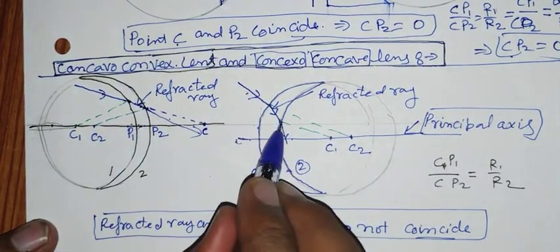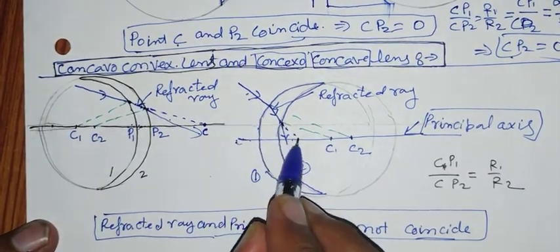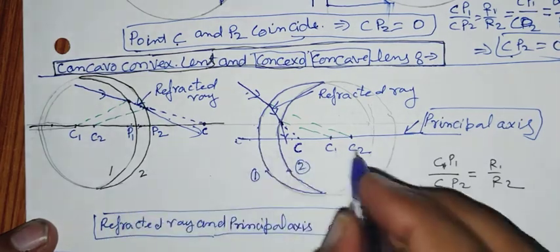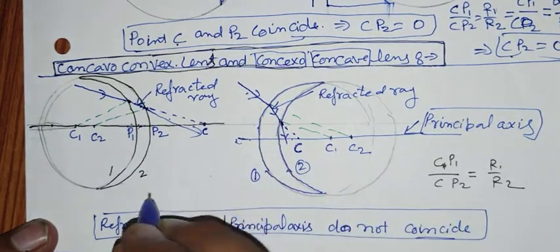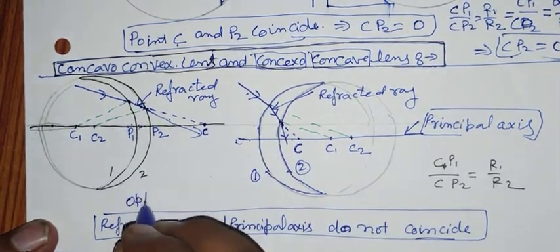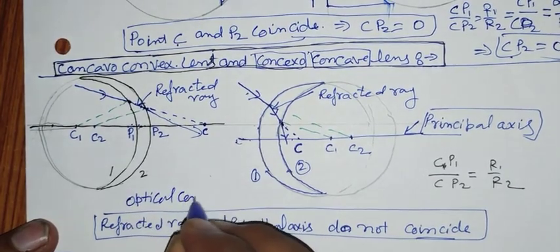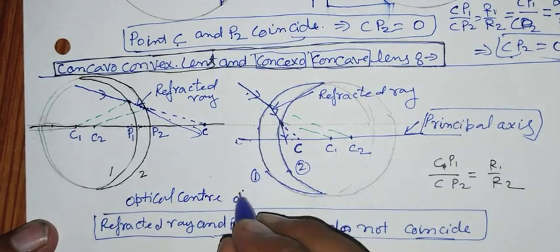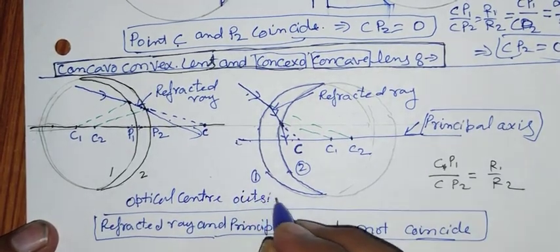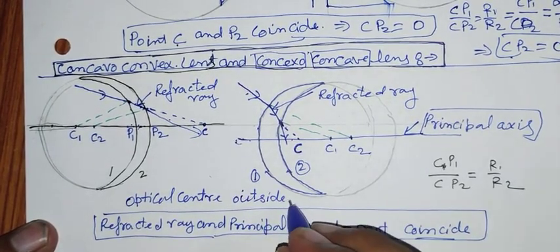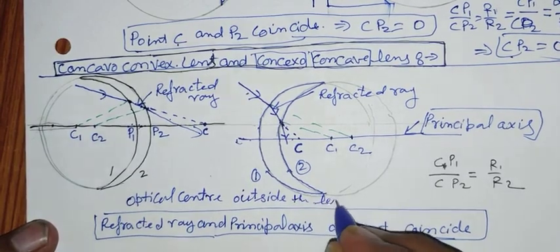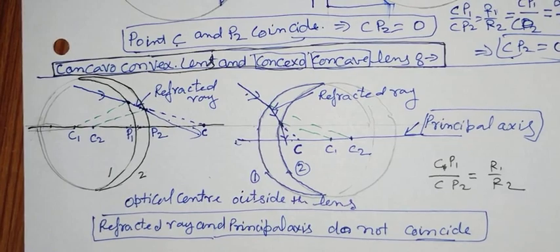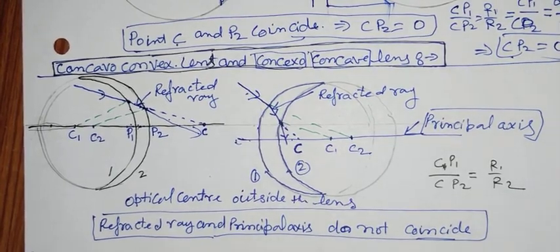So in both cases, the optical center is outside the lens. Now let us summarize the whole discussion.